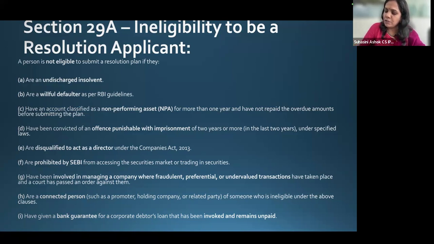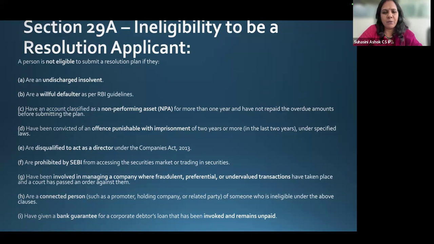Then clause D: have been convicted of an offense punishable with imprisonment of 2 years or more in the last 2 years under specified laws. So here, if you see, a person should have been convicted, not that any prosecution is going on against him or it is still under adjudication.